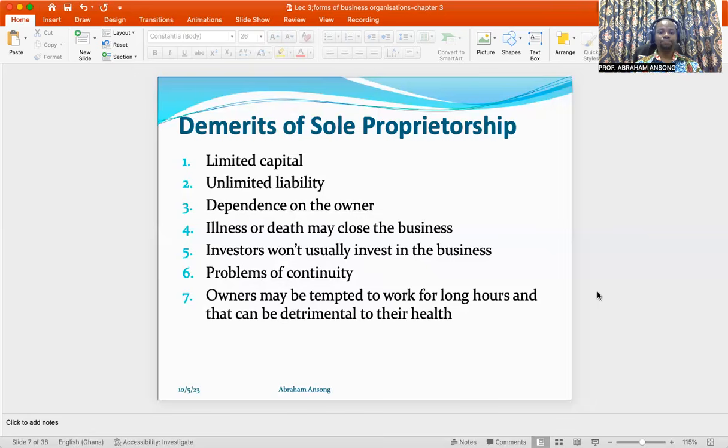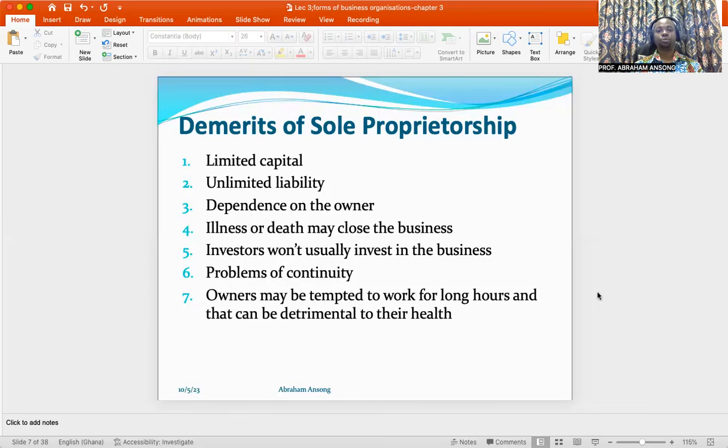All right. Then the second important point that you have to note if you choose to be a sole proprietor is unlimited liability. Right? If it is a company, your liability will just be limited to the amount of shares that you've contributed to or invested in the company.